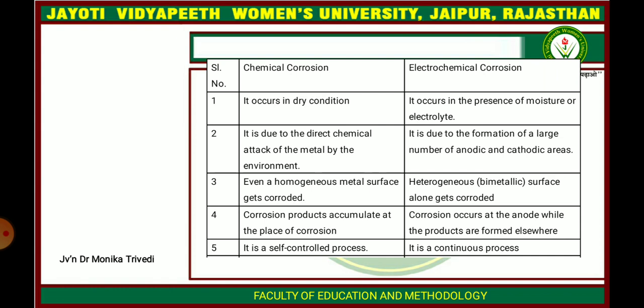Chemical corrosion occurs even on a homogeneous metal surface, and electrochemical corrosion occurs on a heterogeneous surface. In chemical corrosion, the products accumulate at the place of corrosion, whereas in electrochemical corrosion, corrosion occurs at the anode while the products form elsewhere. Chemical corrosion is a self-controlled process, whereas electrochemical corrosion is a continuous process.